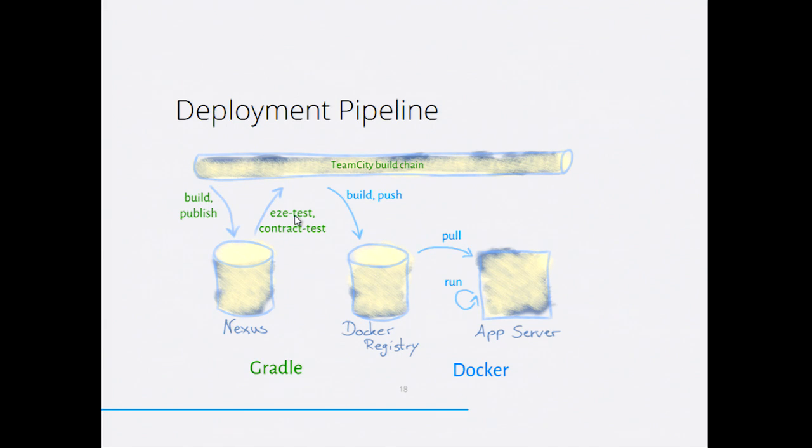Next step after these integrative tests, we make Gradle use the Docker API by building a Docker image. That Docker image is pushed to a private Docker registry.